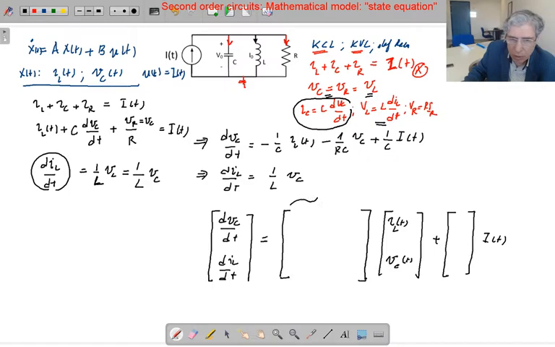So this is the A matrix and that is B. Dimension of A is 2 times 2, dimension of B is 2 times 1.